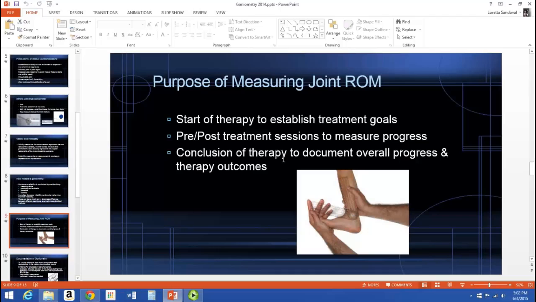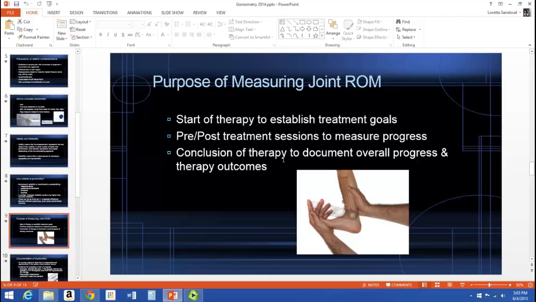We're also going to measure at the conclusion of therapy in order to document the patient's overall progress and their therapy outcomes. So did the person get the outcome that they wanted and that we wanted? And a lot of times with progress and outcomes, we want to link those to functional activities. So the person's got 180 degrees of shoulder flexion, so what?